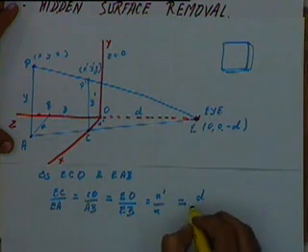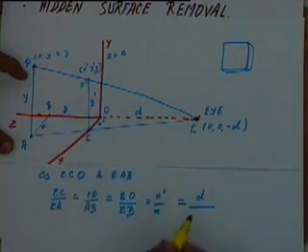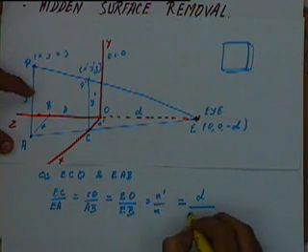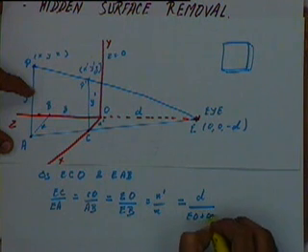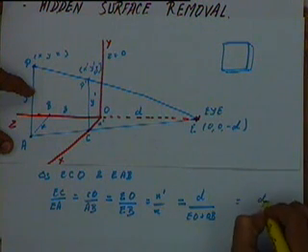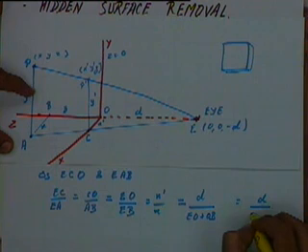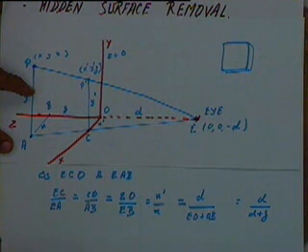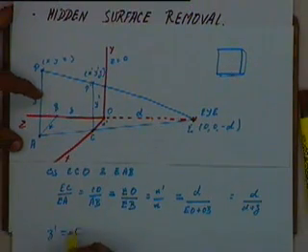So D divided by EB. Now EB is going to be equal to EO plus OB, which is equal to D plus Z. Is that alright? And we know that Z prime is equal to 0.